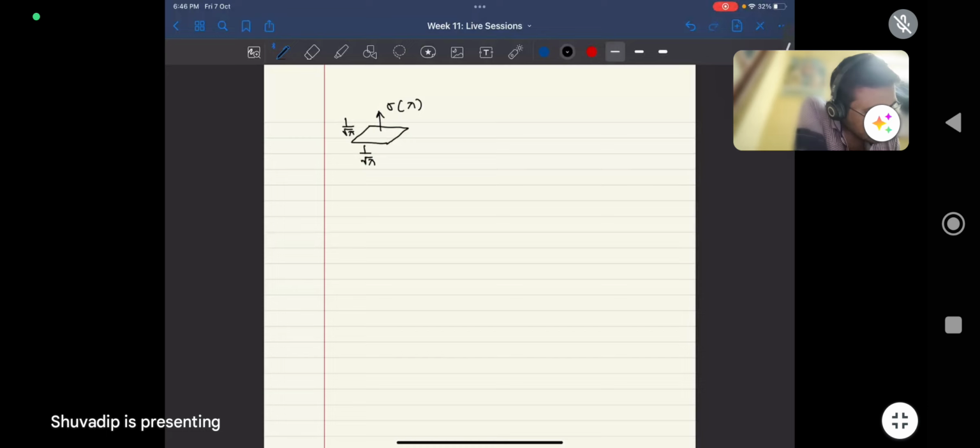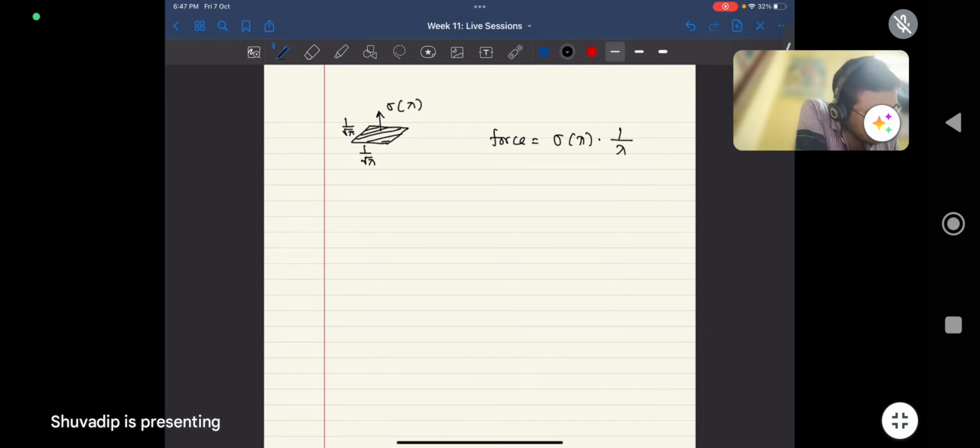Then the total force acting is sigma lambda into 1 by lambda, which is the area of this small section; stress into area is the force.